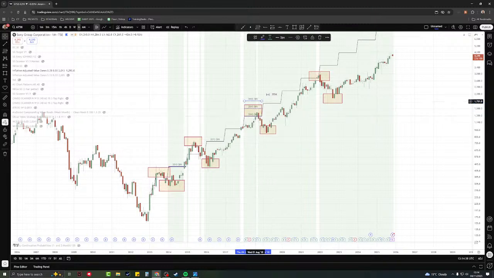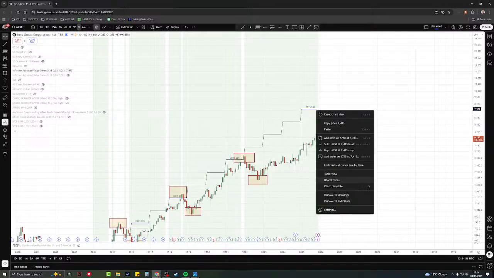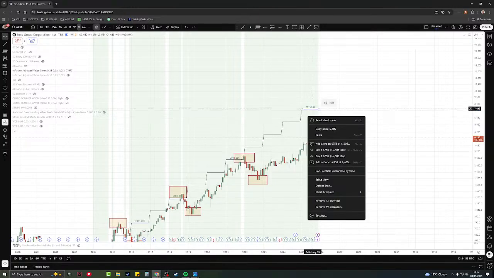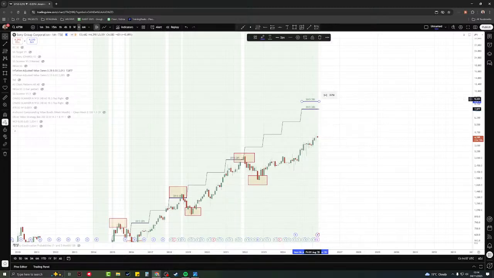I'll explain to you why. Okay, so we got this touch here. The last touch was in 2021, and then we got a projection now of this high here. We're going to do one more projection on the future. So we're going to estimate what our target will be for the next future, which is next year.